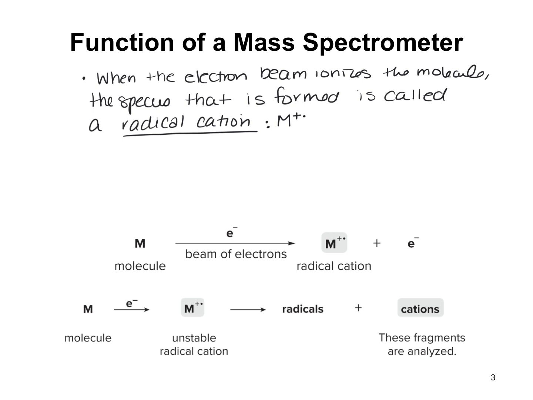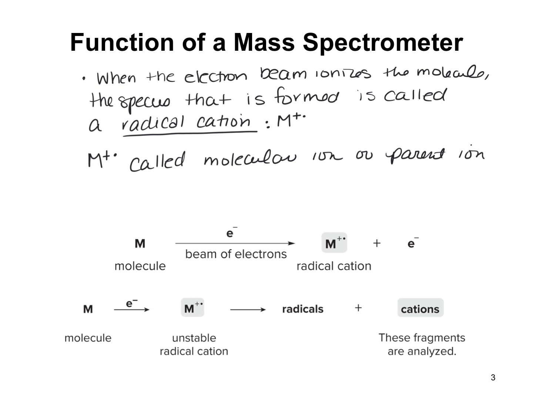That radical cation, the M+ with a dot, is often called the molecular ion or the parent ion. So we've got a lot of different synonyms for that.